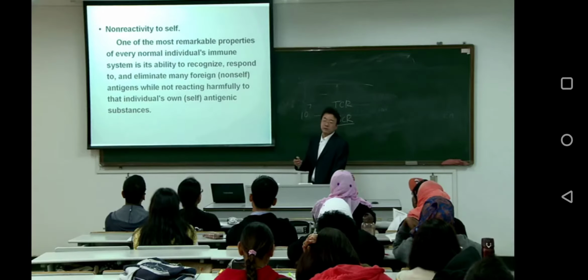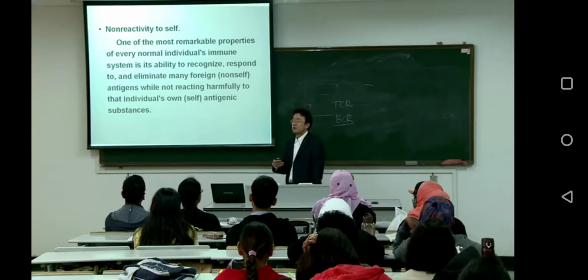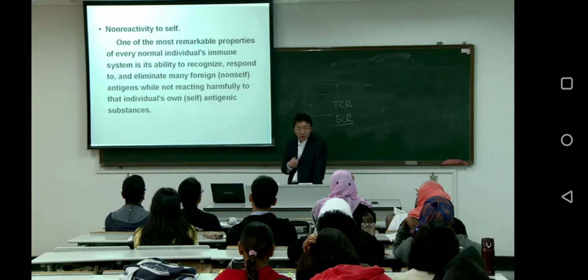But sometimes people will show tolerance to the pathogen. That means the infection was established. Or sometimes the immune system acts against its own substances. That means an autoimmune response, the immune system against itself.